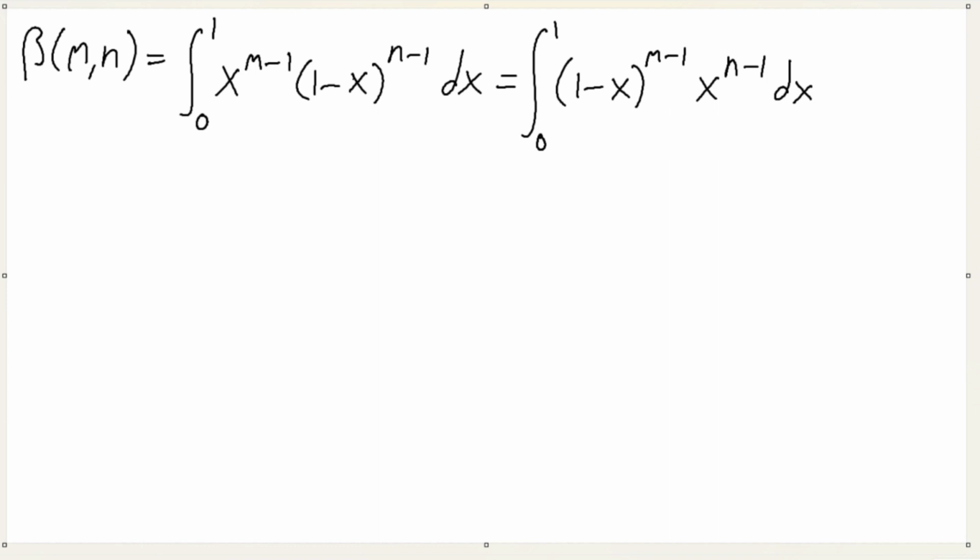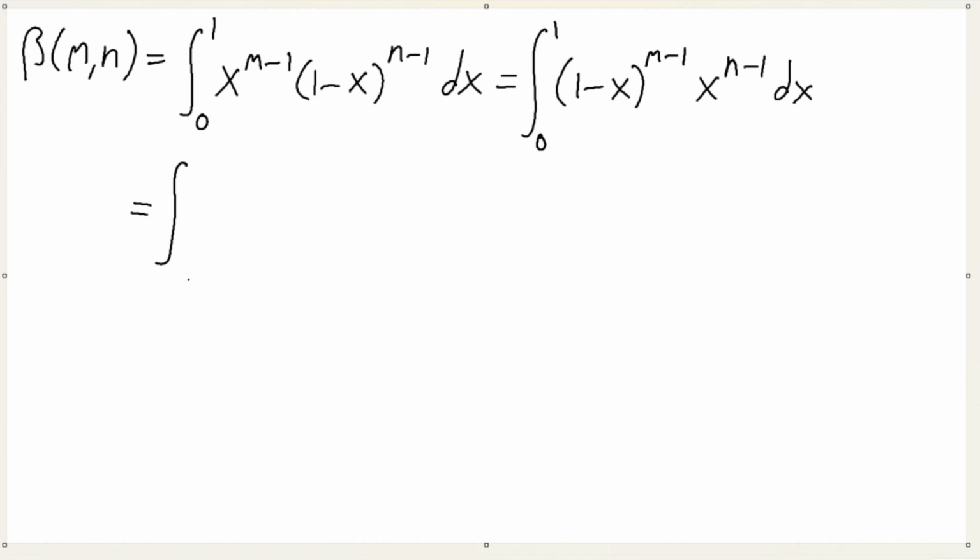If you let u equal 1 minus x, it's going to equal the same thing. So it doesn't matter which way. As long as it's in this format, you can put it in the beta function and then dive right into solving it. So that's the first form.